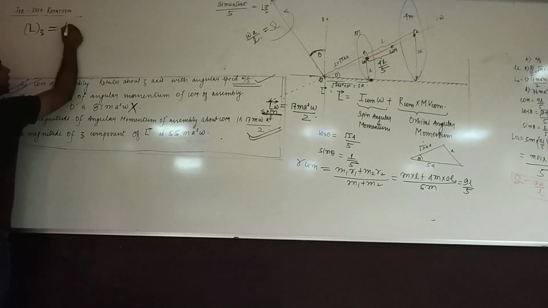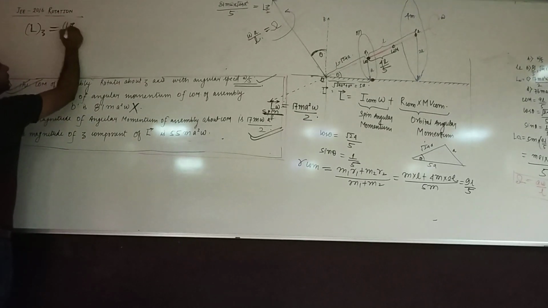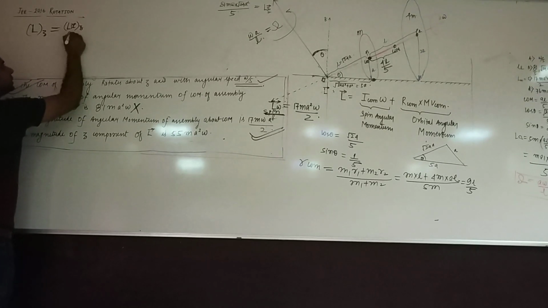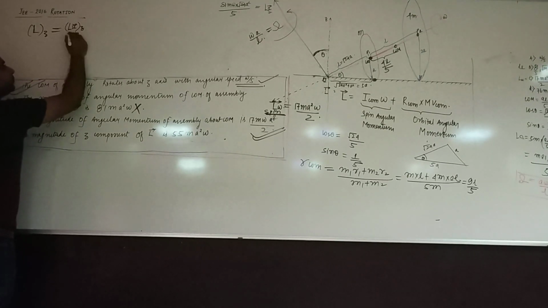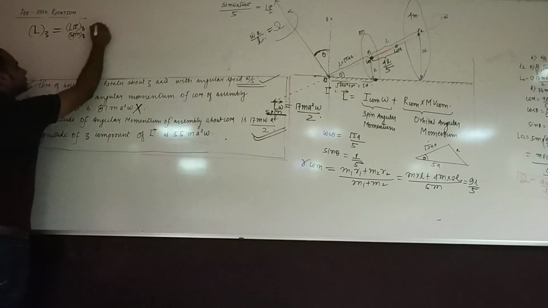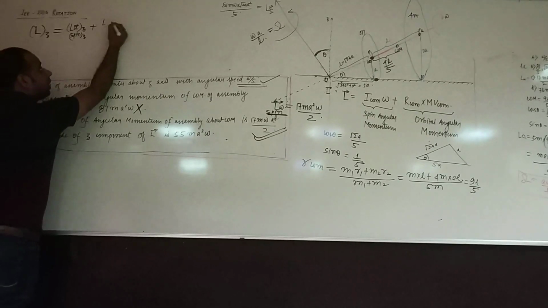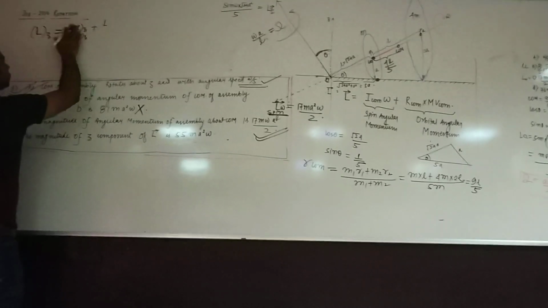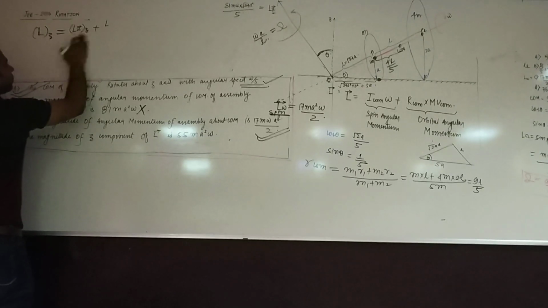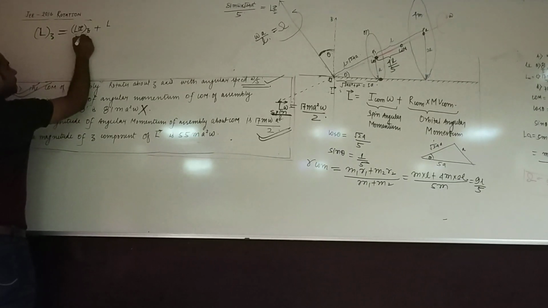So orbital is L omega Z component, plus this is basically, sorry, this is not a spin, this is orbital. This is for orbital Z component.